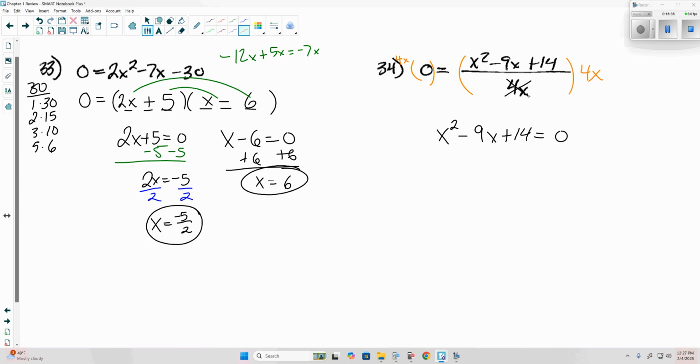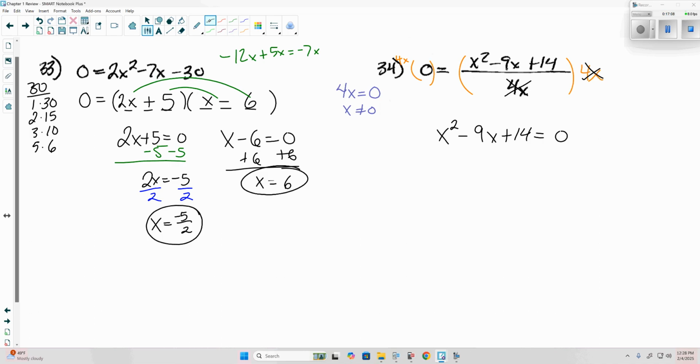Well, 4x and 4x will cancel, and 4x times 0 is 0. Now, the only thing we have to remember with these rational equations is that the denominator cannot be 0. So if we solve this here, x cannot be 0. If we do get a solution of 0 for x, we throw it out because it's an extraneous solution.